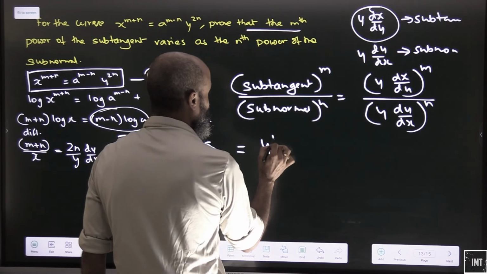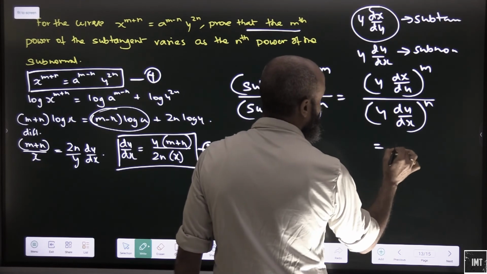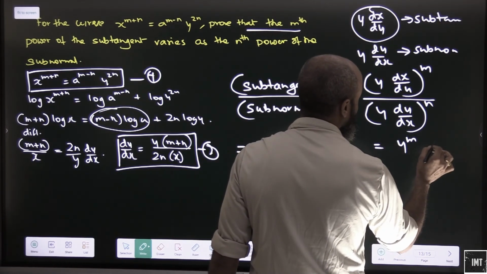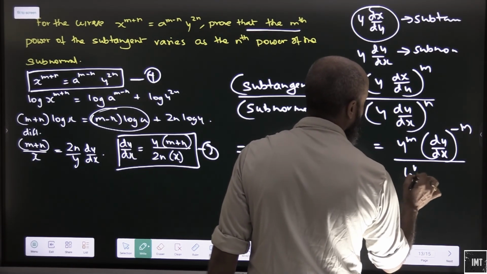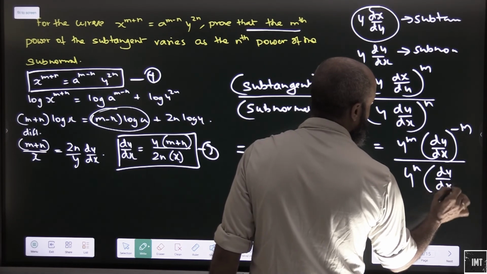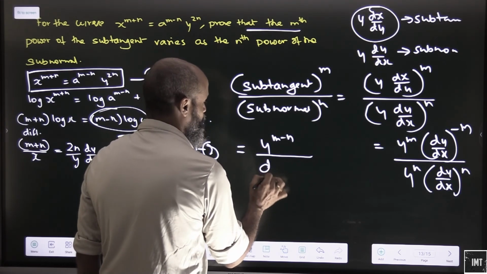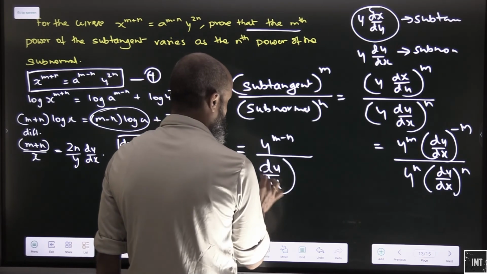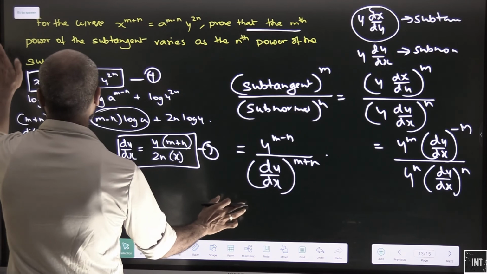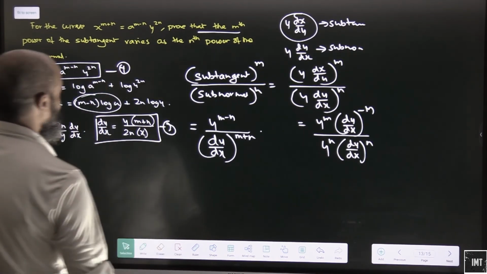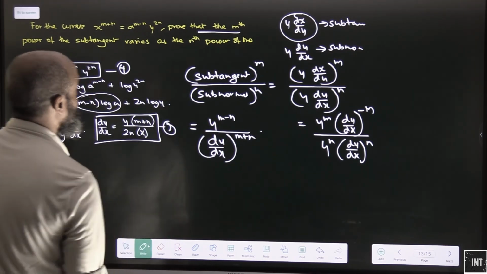So this will be y to the power m minus n upon, if I take the dy by dx, this can be written as y to the power of m into dy by dx to the power of minus m, y to the power of n dy by dx to the power of n. So this will be dy by dx to the power m plus n, y to the power m minus n, so dy by dx to the power m minus n.